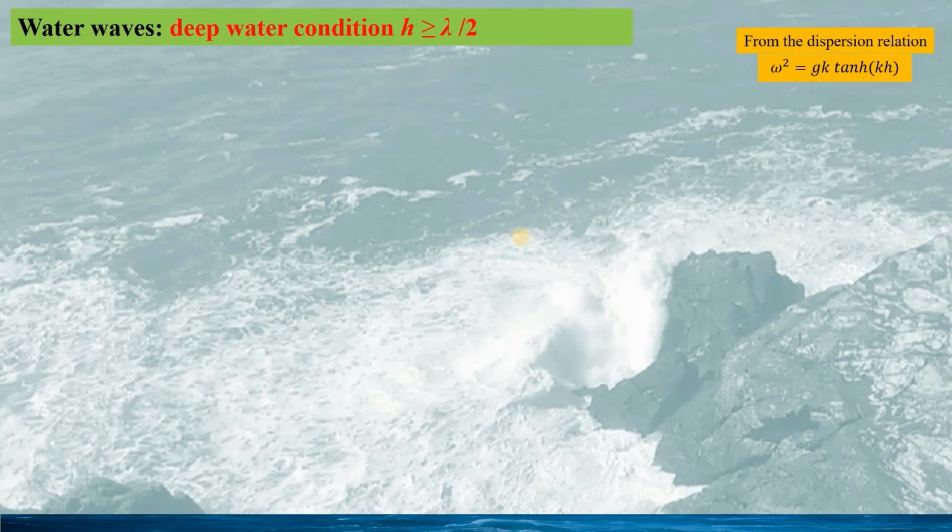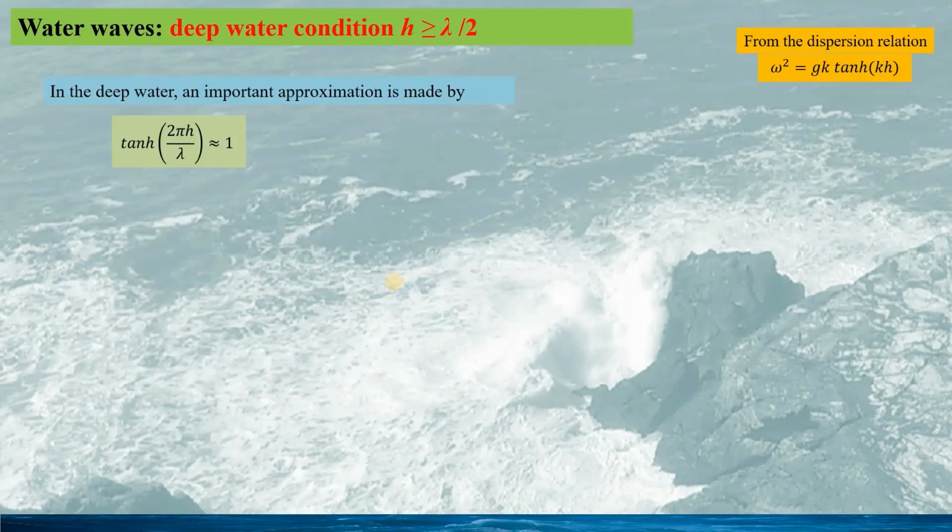In this slide, we will see the condition for distinguishing deep water and finite water depths for ocean waves. It is well accepted that when the water depth is equal to or larger than half of the wavelength, this expression can be approximated.